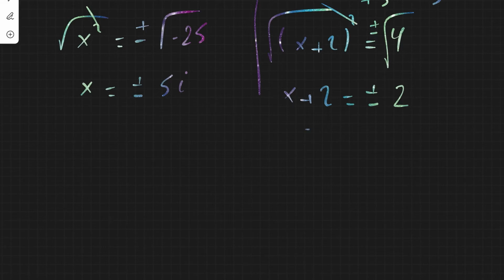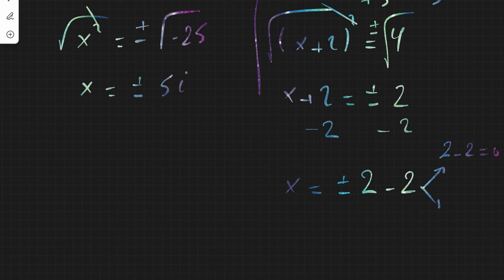Get rid of the plus 2 by applying minus 2 to both sides. Then x is equal to plus or minus 2, minus 2. We can simplify it: 2 minus 2 is 0, and in the second case, negative 2 minus 2 is negative 4.